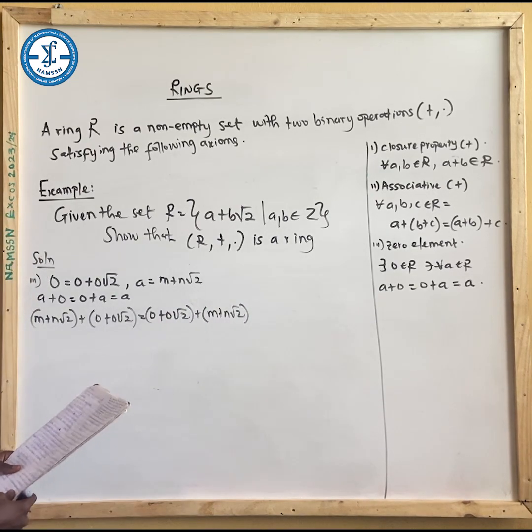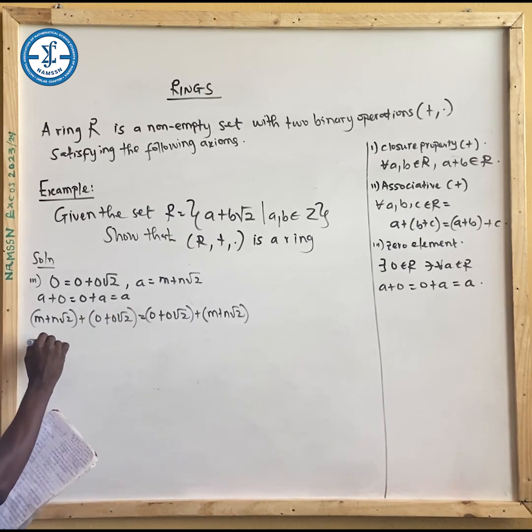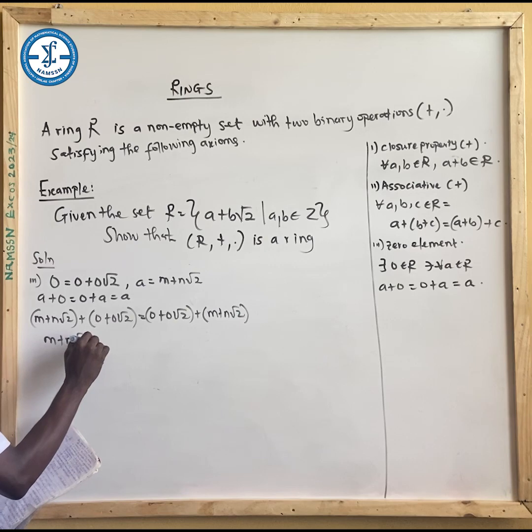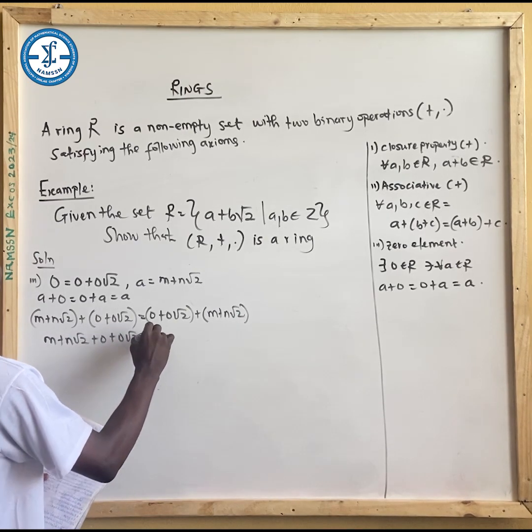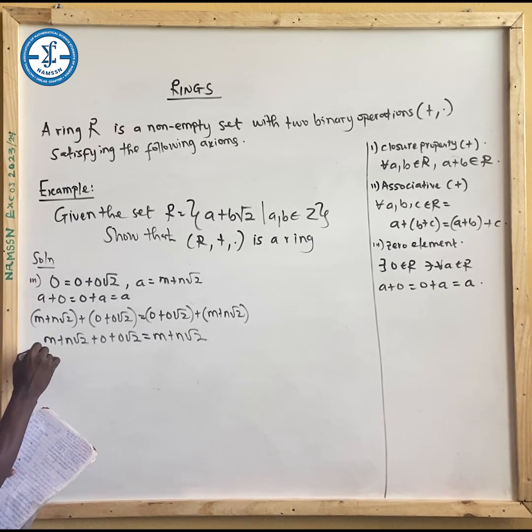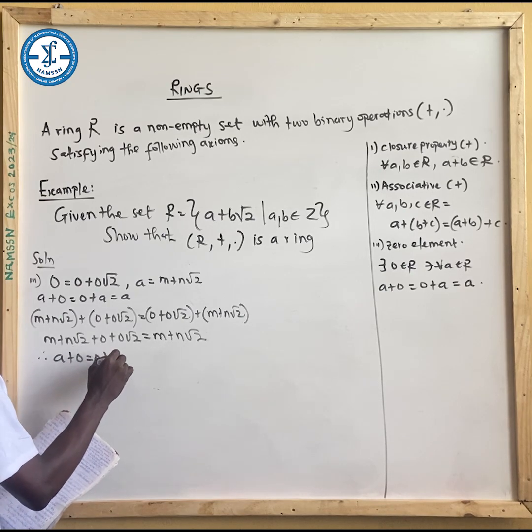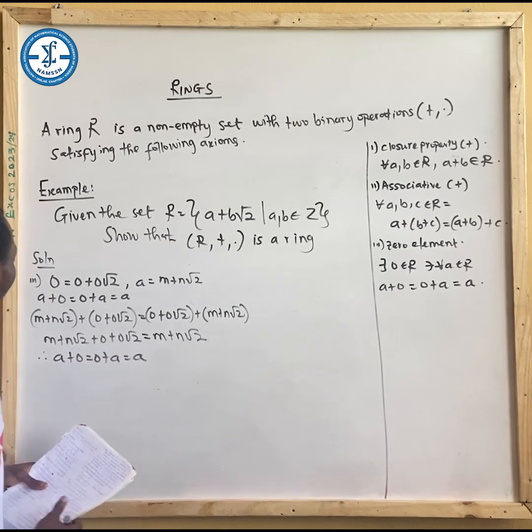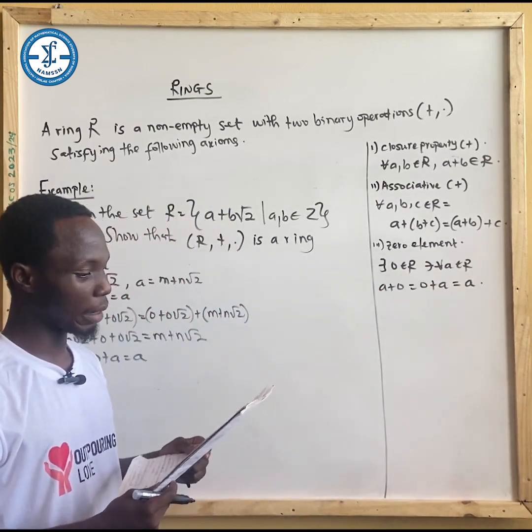My main aim is to get back my a. So if I do this, I have m plus n root 2 plus 0 plus 0 root 2, which will give me m plus n root what? Root 2, which basically means that a plus 0 equals 0 plus a is equal back to what? Equal back to a. So I've been able to prove my zero element.